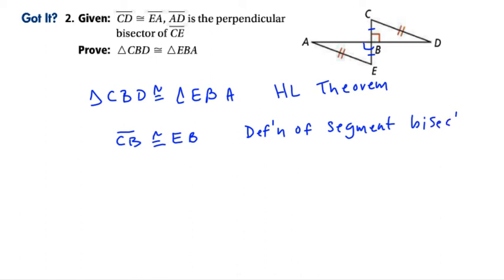So you could write out each of those items in proof form. This would be the only piece of information that was missing, so that you have the hypotenuse is congruent, that was given. 90-degree angles were given. We can prove that those two are congruent because they gave us that AD was a perpendicular bisector. So therefore, they're congruent by the hypotenuse leg theorem.